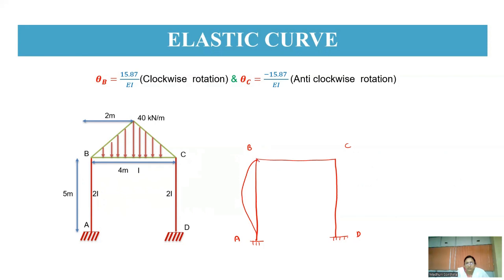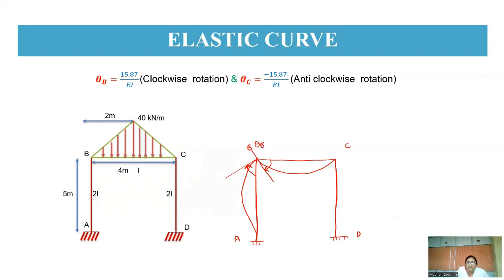This is also positive. So when we draw a tangent like this, here you are getting a clockwise rotation. When we draw a tangent like this, here also you are getting a clockwise rotation.